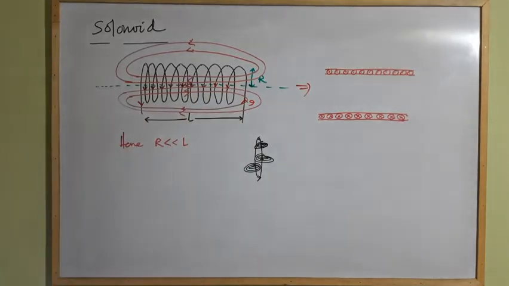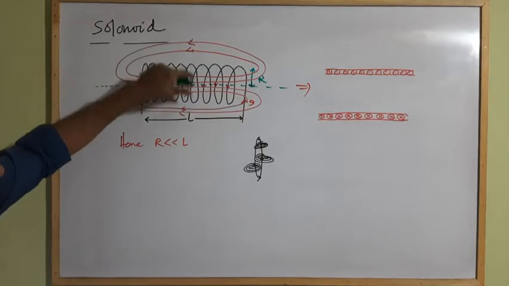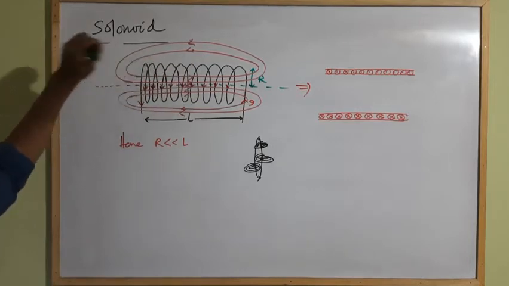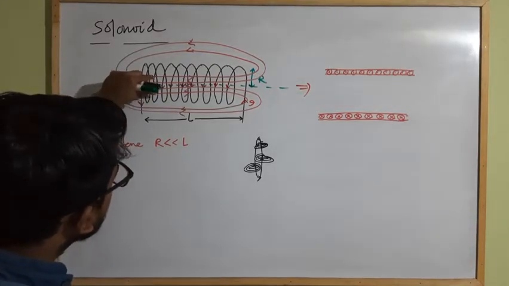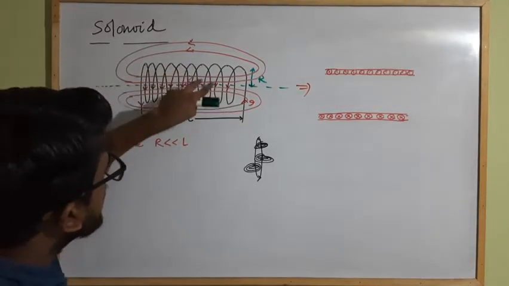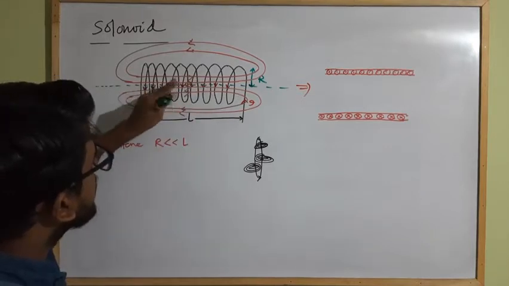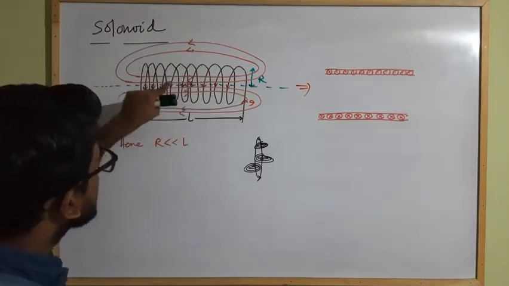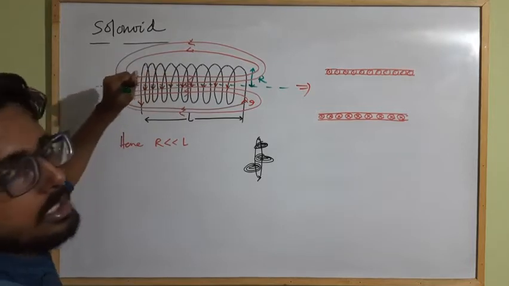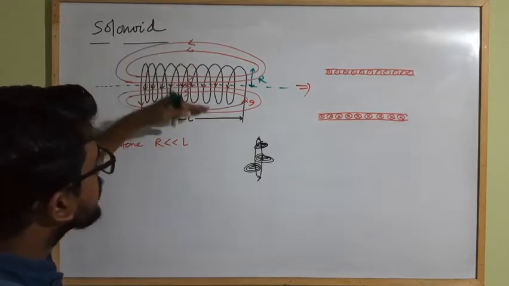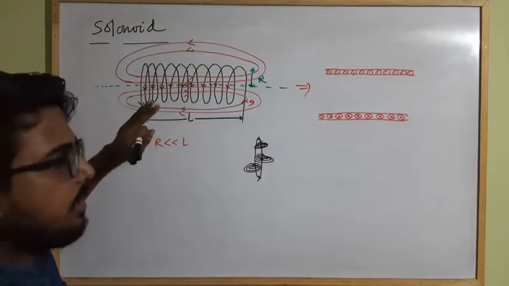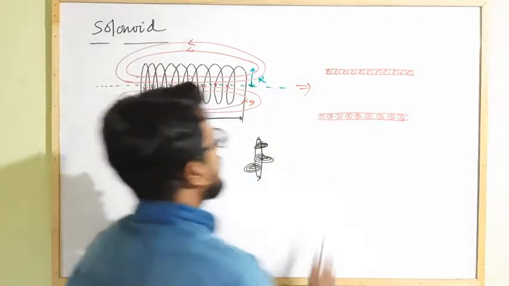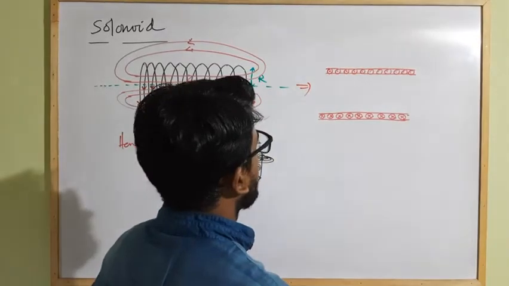Okay, the magnetic field lines for the solenoid are like the figure shown here. So the field lines are parallel to each other within the solenoid and the direction is the same, and the strength at each and every point within the solenoid is constant, but outside of the solenoid the magnetic field is 0. Clear?